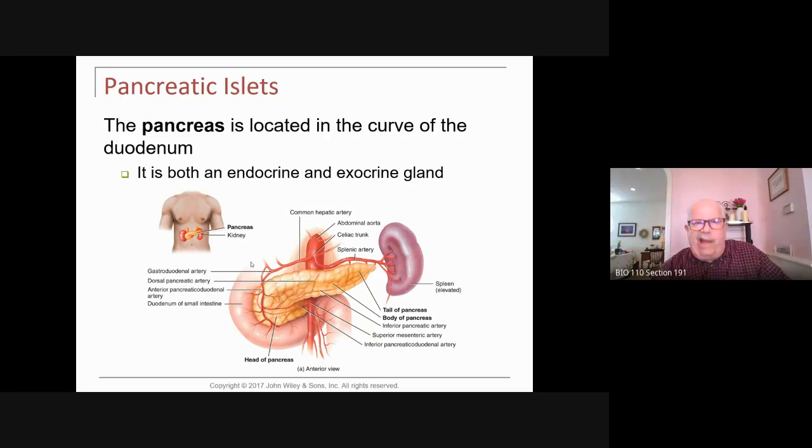So basically 90% of the pancreas is an exocrine gland. However, 10% of the pancreas is an endocrine gland. And that 10% produces 4 hormones.